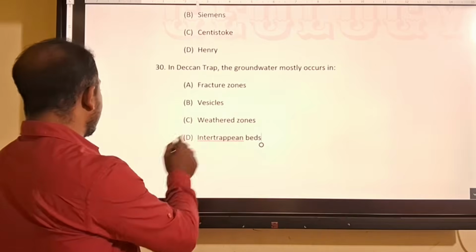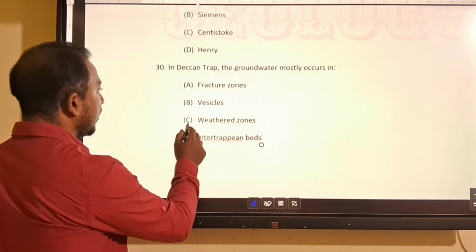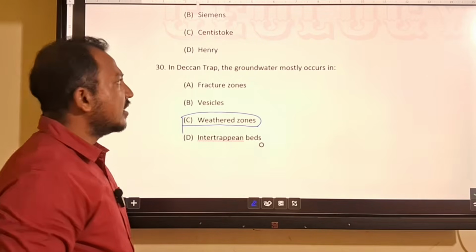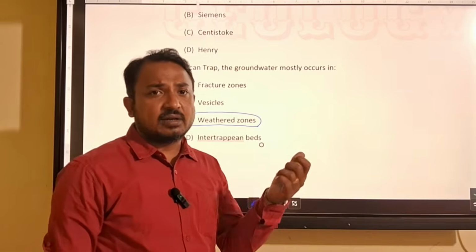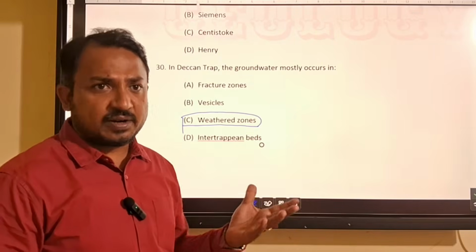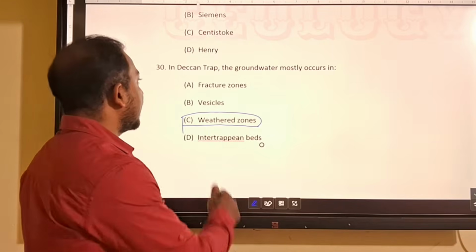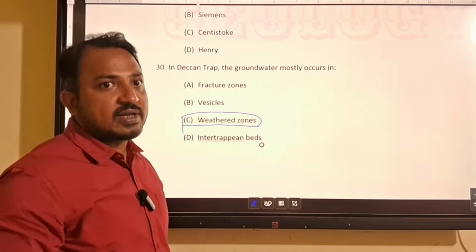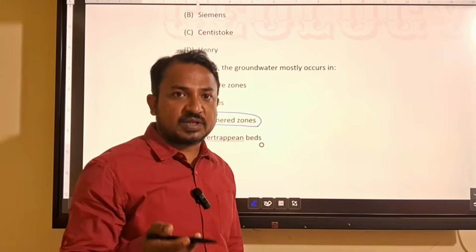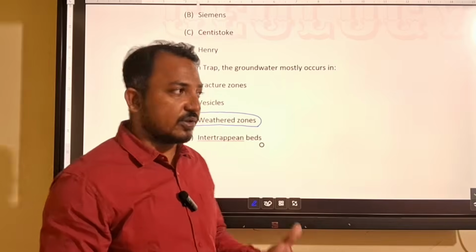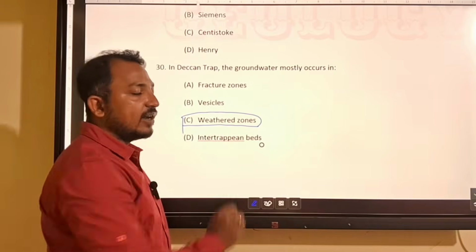Among these, the best option will be the weathered zone. Basalt can contain columnar joints, but that is not found everywhere. The vesicles can be filled by secondary minerals, which we call amygdaloidal structure, and when they are filled they cannot yield groundwater.